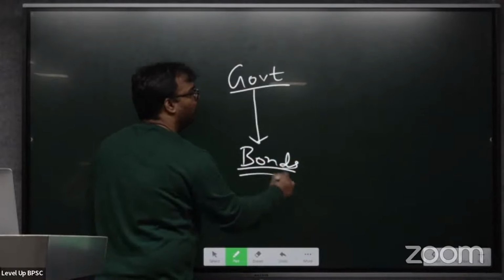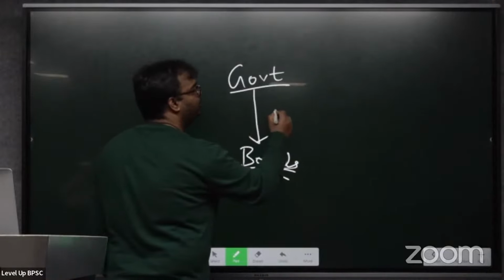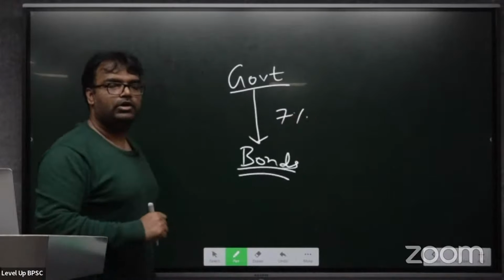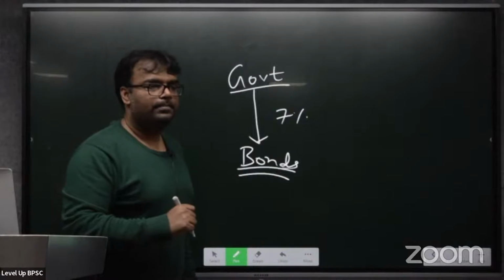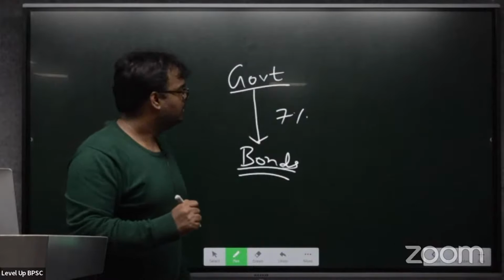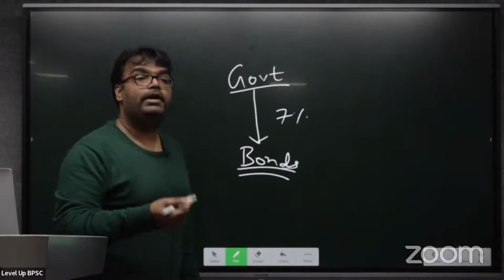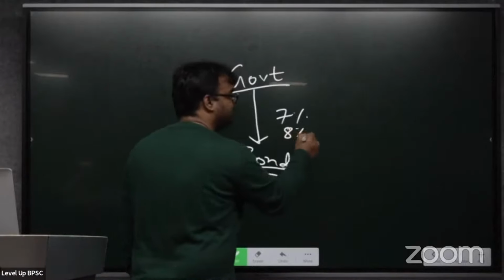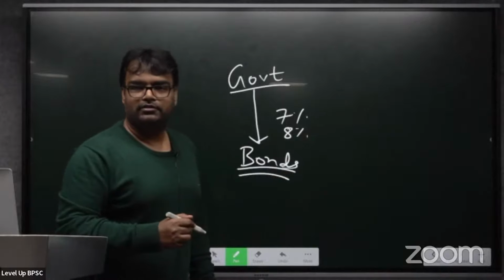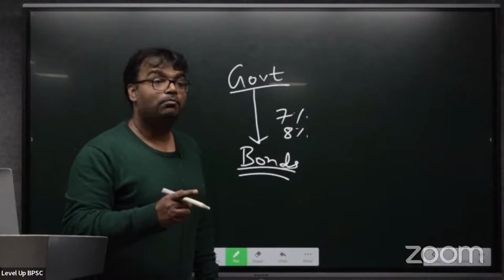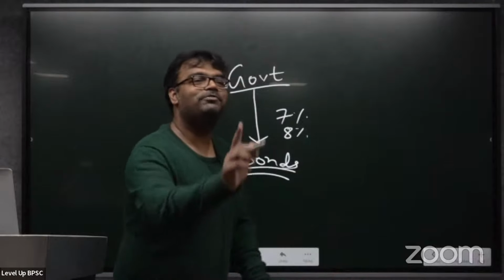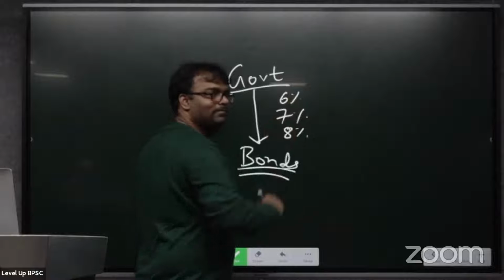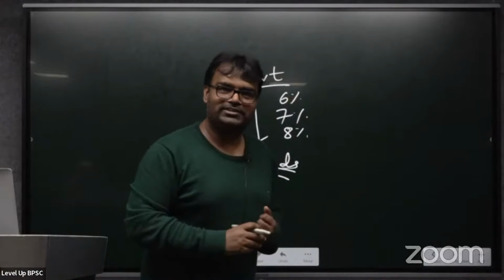And government would offer that I'll pay you this, let's say 7% interest rate. Now, when there is no one ready to buy government bonds, government will say, I'll pay you 8% interest rate. But when there are more people ready to buy government bonds, government will not give you high interest rate. Government will reduce its interest rate.